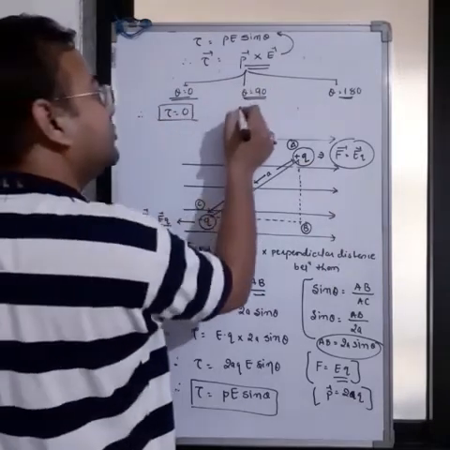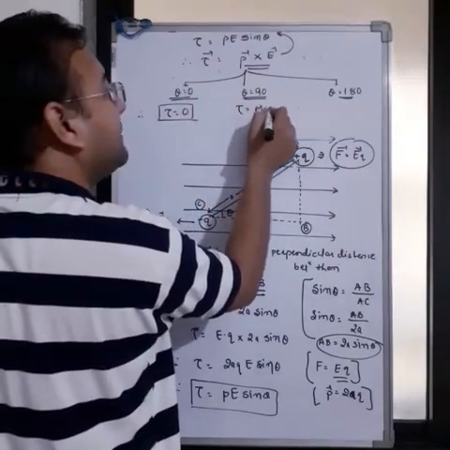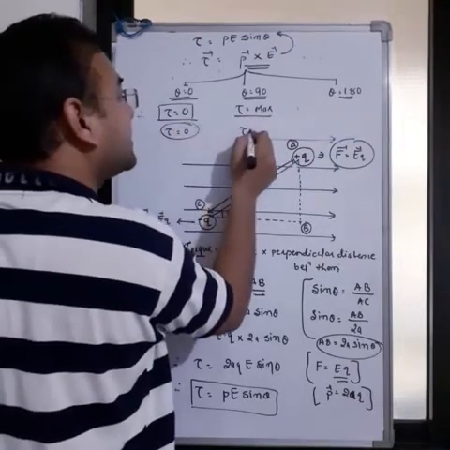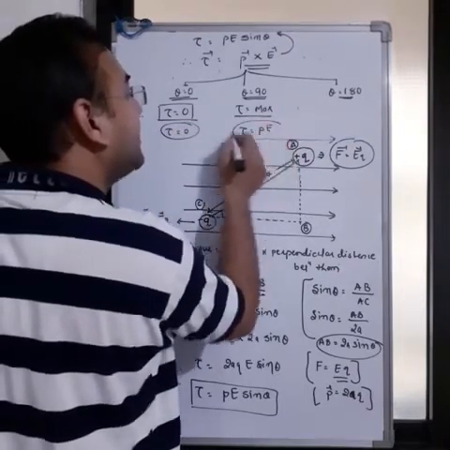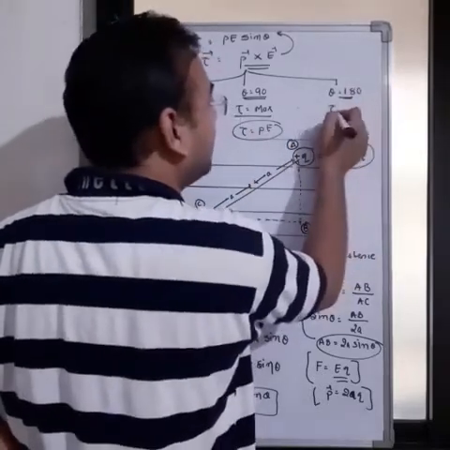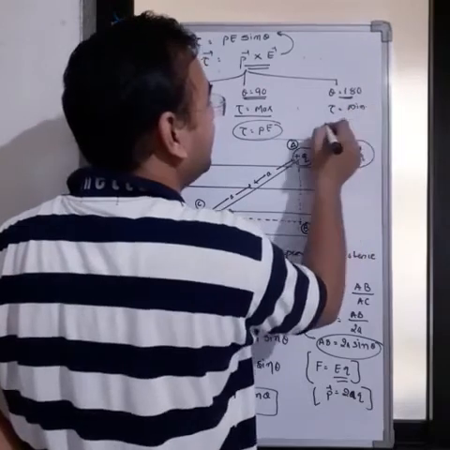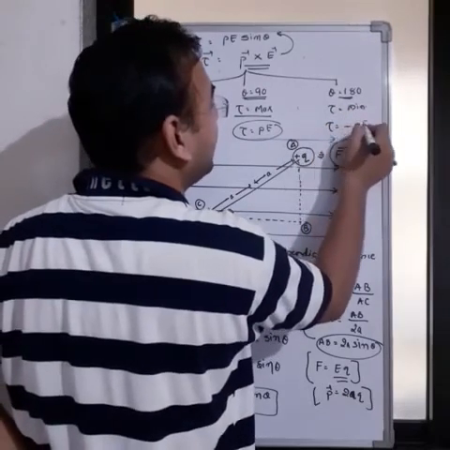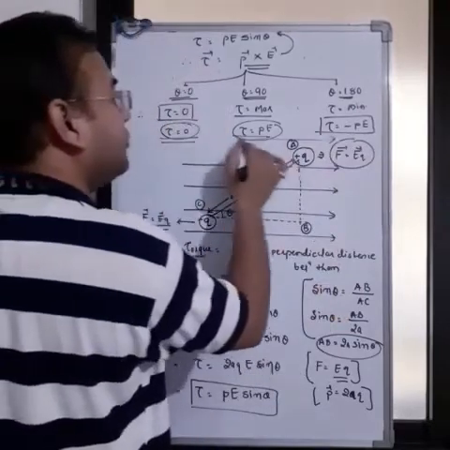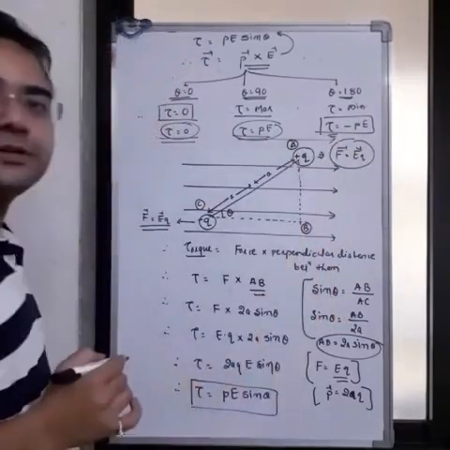If theta is equal to 90, then torque becomes maximum, equal to P into E. And if theta is 180, torque becomes negative or minimum, equal to minus P into E. So in this manner, there are three different values we can write for the torque. Okay.